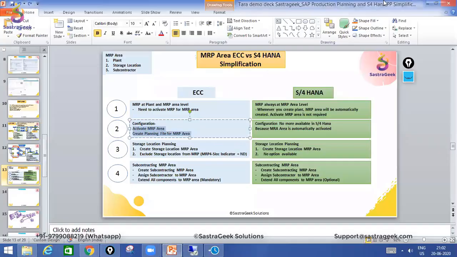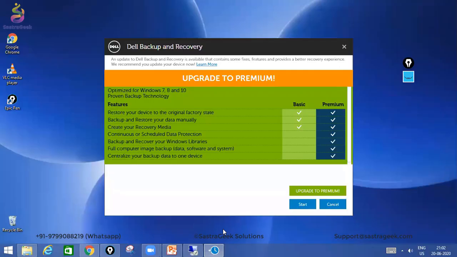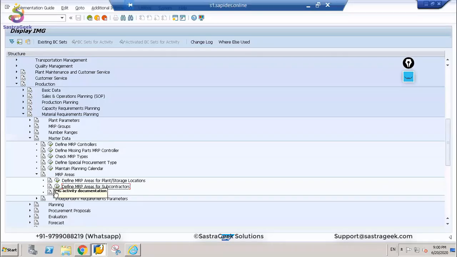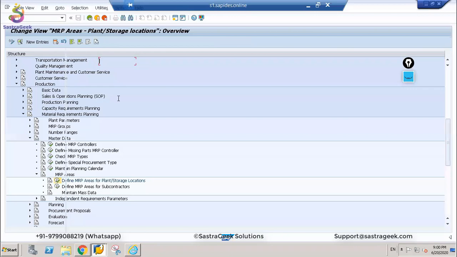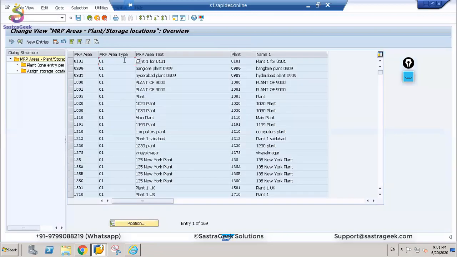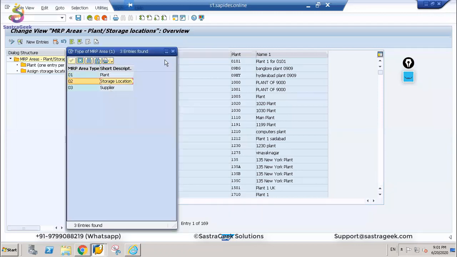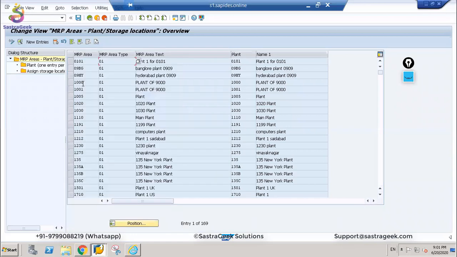Now, if you want to create an MRP area, you can directly go here, Define Storage Location MRP Area, okay? Here we have plant MRP area, storage location MRP area, and subcontracting or supplier location, right? You can directly create new entries for the plant and assign that storage location to that MRP area. I'll show you how to create it.